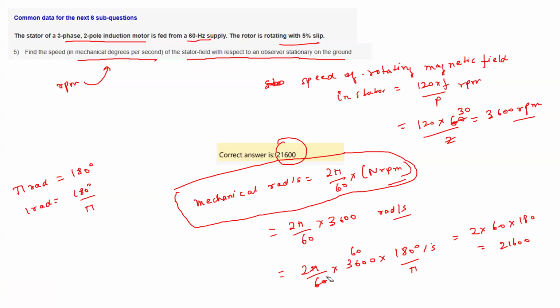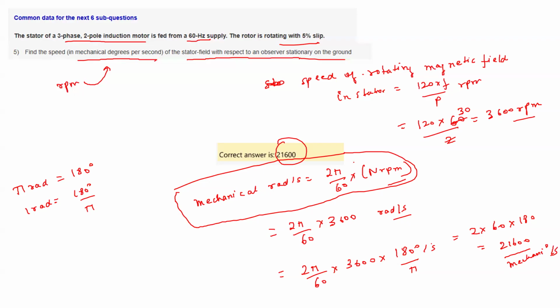So this is what you are getting in mechanical degrees per second.